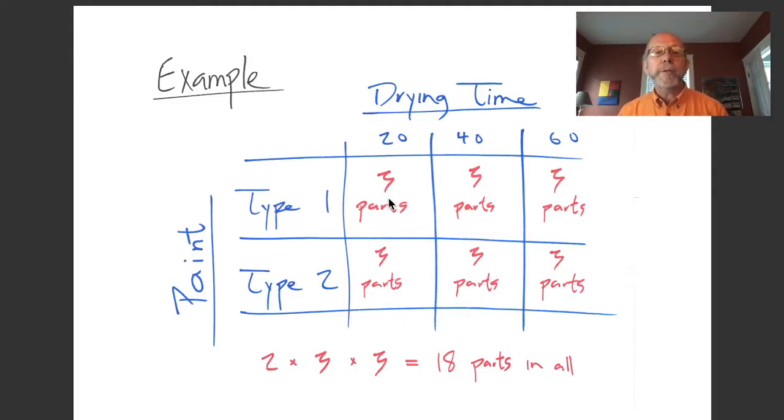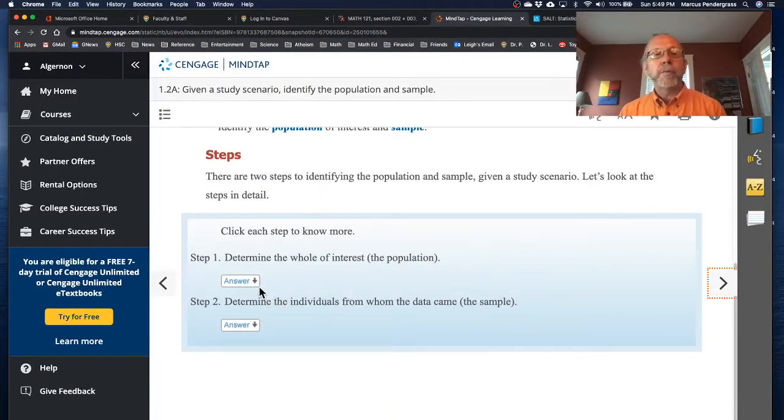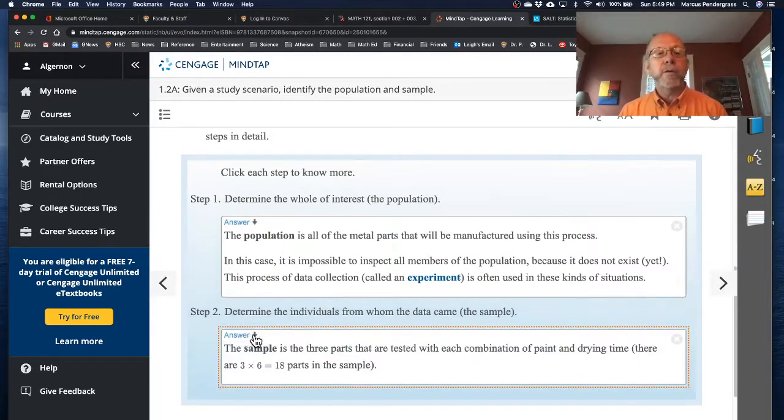And in each of those treatments, you've got three parts. So there's going to be a total of 6 times 3 or 18 parts in all. And so there's going to be 18 metal parts that are part of the sample here. And if we go back to the ebook and check on the answers that they give, we'll see that that's basically correct. The sample is three parts, each tested with a combination of paint type and drying time, and so there's 18 parts in the sample.